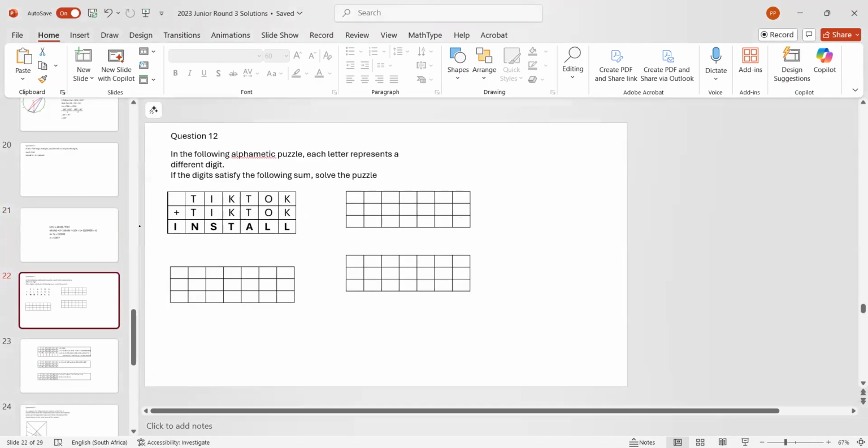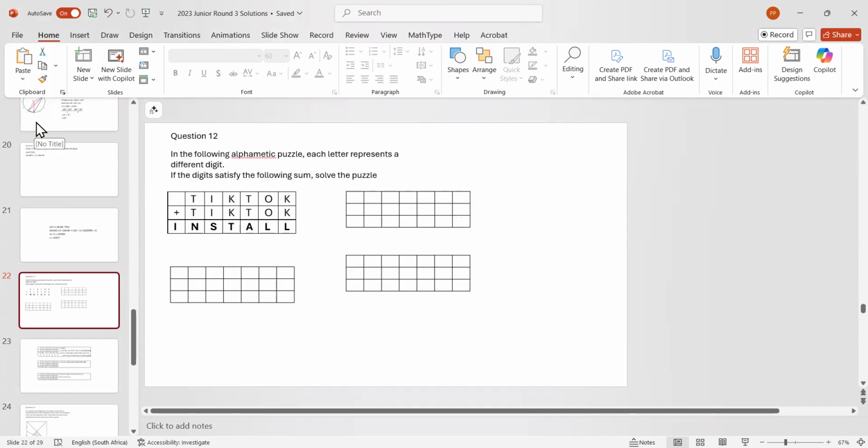Question 12. In the following alphametric puzzle, you see these kinds of things where you have letters of the alphabet and some calculation being done, and you're asked to find out what these digits are.